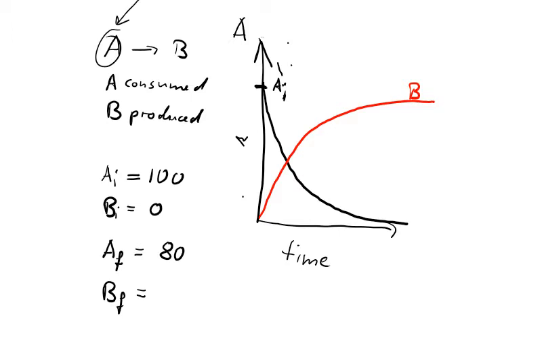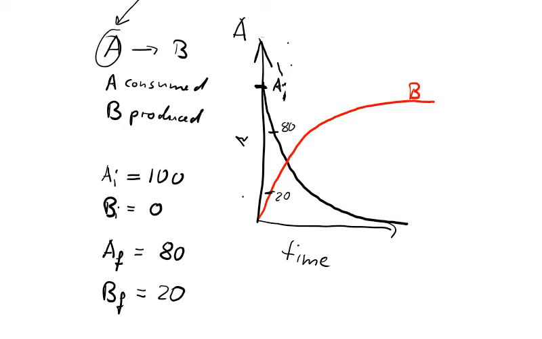So we've got quite a few 20s here already. Yeah, you're absolutely right. We still have 80, so we are probably here. So that's 80. And we have 20 of the B here. So that would be 20.